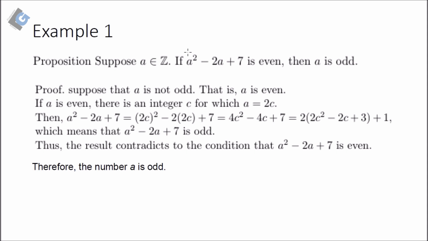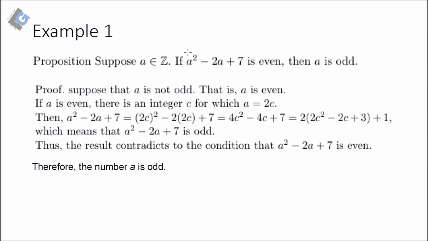So we suppose that a is not an odd number. That means that a must be an even number. So if a is an even number, then there is an integer c such that a equals 2 multiply c, because a is an even number, right?